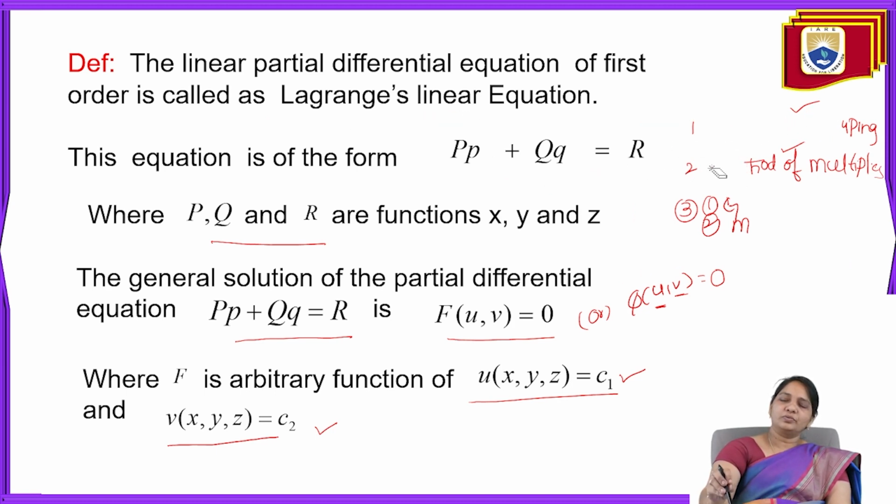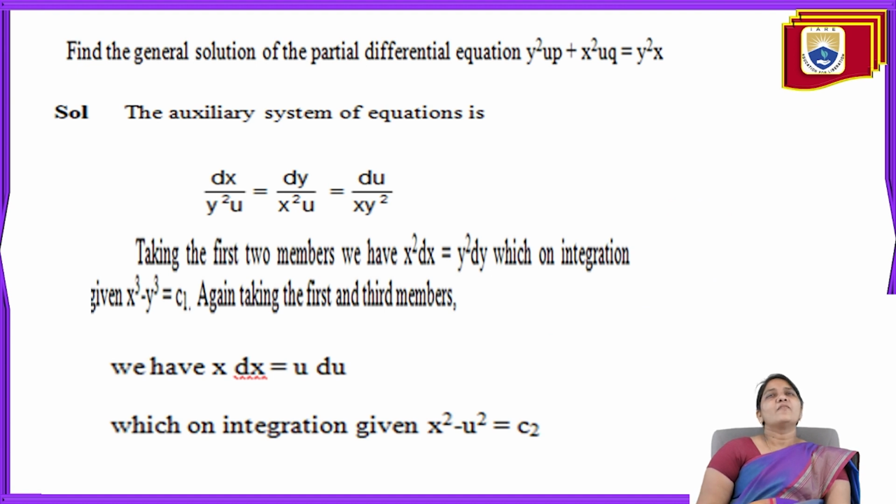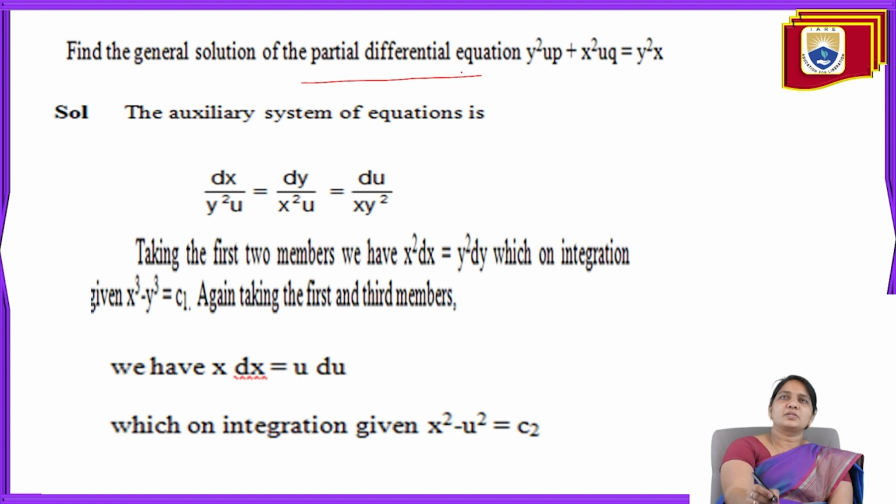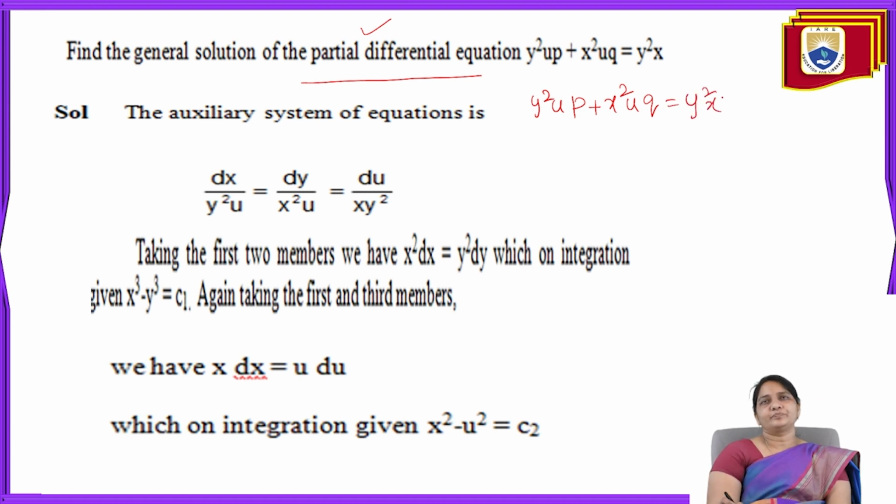You can see now the question. Find the general solution of the partial differential equation. What is the partial differential equation? y square u into p plus x square u into q equal to y square x, or x y square. This is the given partial differential equation.